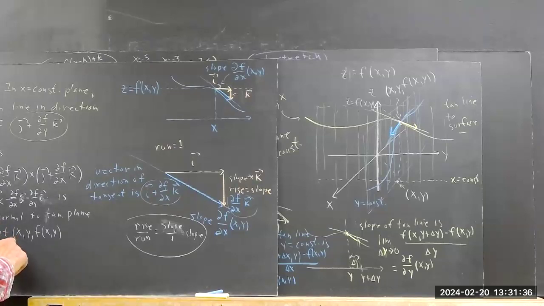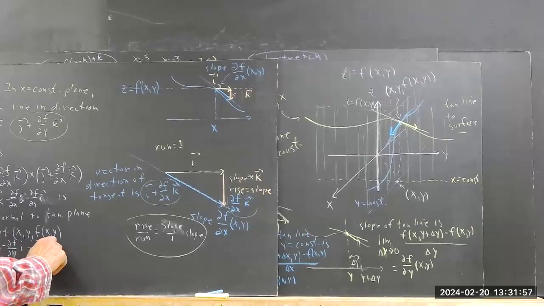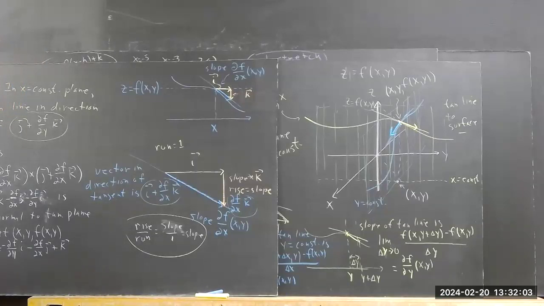So we write that as negative partial F with respect to Y times I minus partial F with respect to X times J plus K. Then you ought to visualize that in various situations and understand how that makes sense.